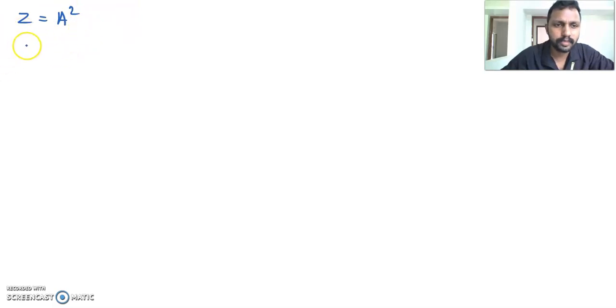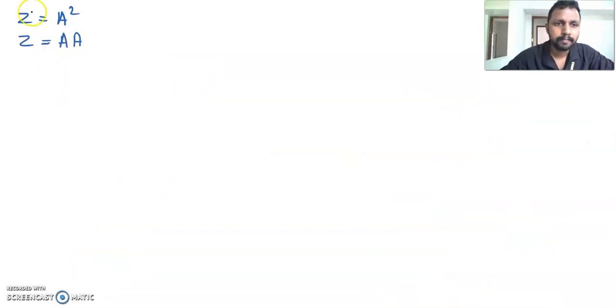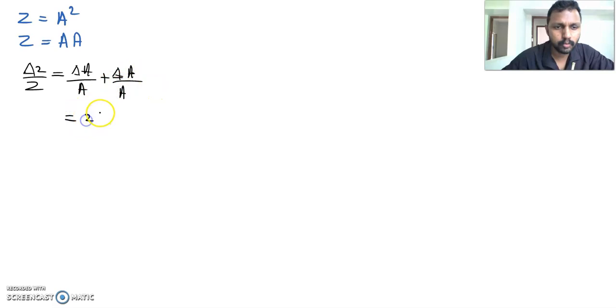Z is equal to A square can be rewritten as A into A. Then if Z is equal to A into B, the formula was delta Z by Z is equal to delta A by A plus delta B by B. In a similar manner, if Z is equal to A into A, we could write delta Z by Z is equal to delta A by A plus delta A by A, that is 2 times delta A by A.